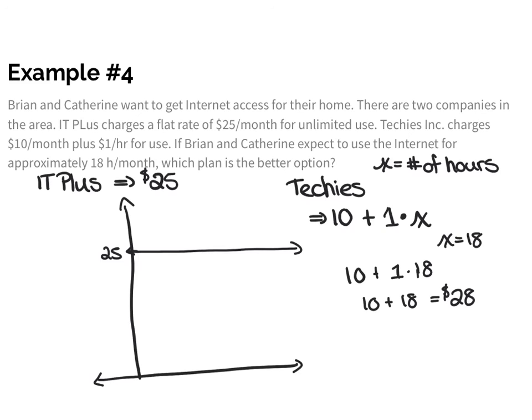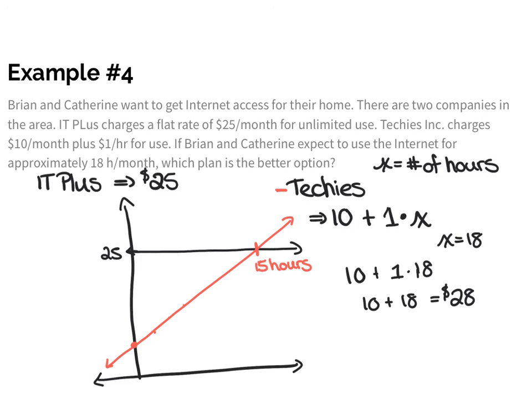Techies, I'm going to do it in red, is $10. So it starts out here at $10 and it goes up 1 every hour. So it'll make a line like this. And at 15 hours is where it would be exactly the same.